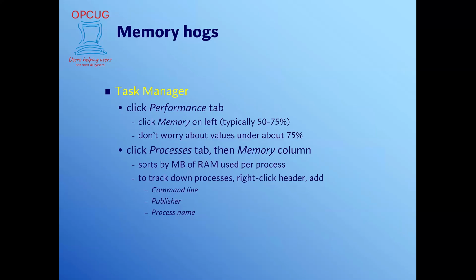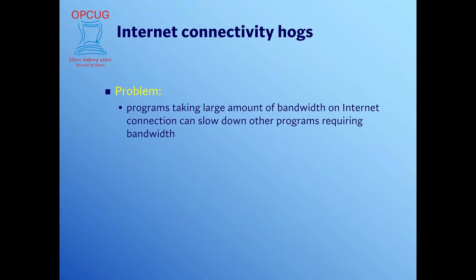So we did look at this going into Task Manager. And again, always start on the Performance tab. Find out if you've got a bottleneck. And then if you have a bottleneck, go to the Processes tab to find out what is causing the bottleneck. Internet connectivity hogs, I throw it in because it's one of the 4 metrics.